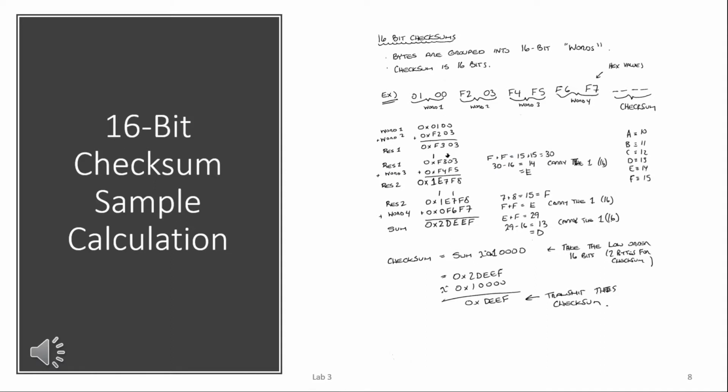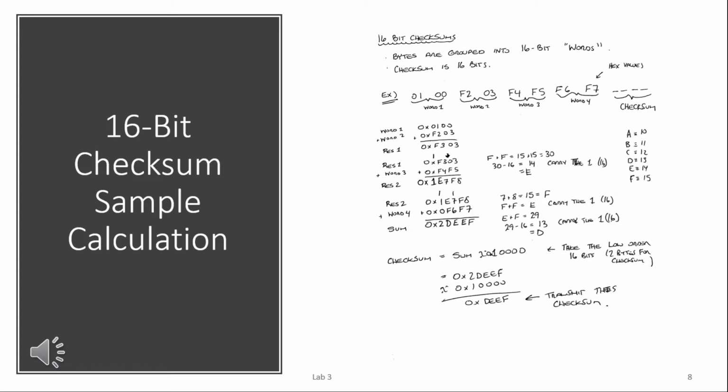So just to summarize the operations, we take the bytes and organize them into 16-bit words, and we add those words together. So word 1 plus word 2 gives us F303. The result of that operation added to word 3 is something larger than you can represent with 16 bits.